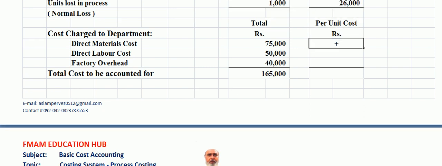Then K38 is the material per unit cost, same as K39 is the labor cost per unit, same as K40 is the factory overhead cost. Yes, students, these are the per unit cost against the direct material cost, direct labor cost and factory overhead cost.